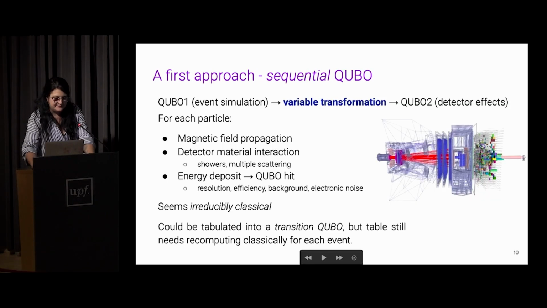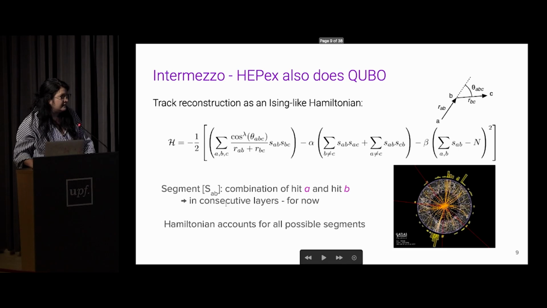Okay, so when we started trying to approach this, the most immediate idea was, as I've said, we can formulate event simulation with a QUBO, complicated, but a QUBO nonetheless. What if we could do a variable transformation in the middle, and then plug it into the reconstruction QUBO?